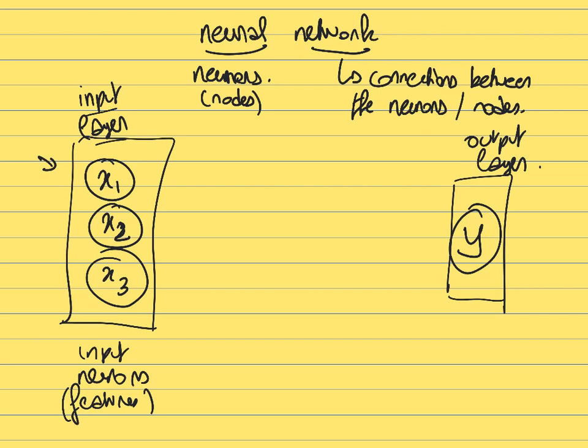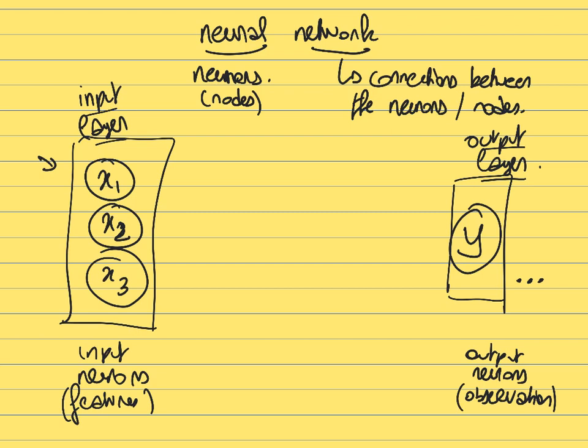You can list in the output layer the different properties that you want to predict. But in many cases, we just want to predict one thing at a time. So very often there is only one neuron in the output layer, but it's not necessarily the case. You can have more than one neuron. These are going to be the output neurons, the observations. This is what you want to predict.